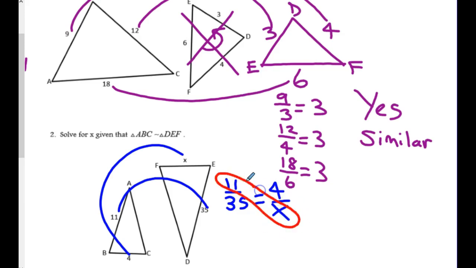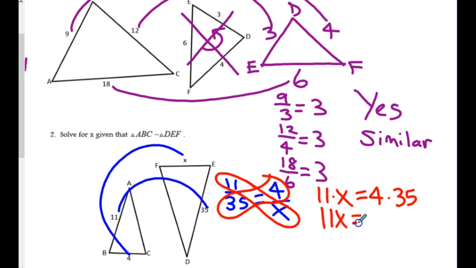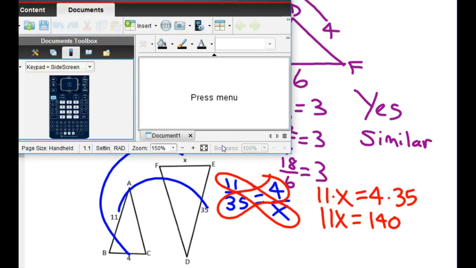11 times x over here equals 4 times 35. 11 times x is 11x. 4 times 35 is 140. And then we need to do 140 divided by 11. Okay.